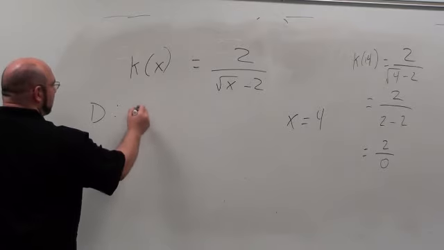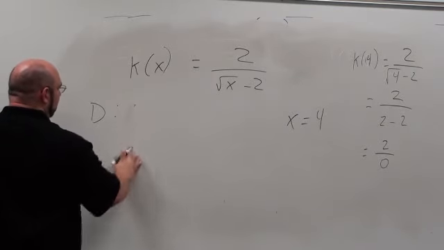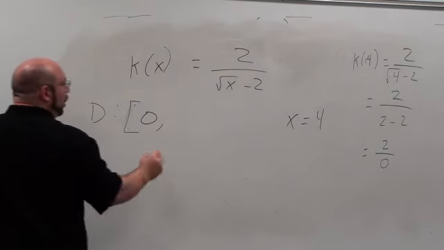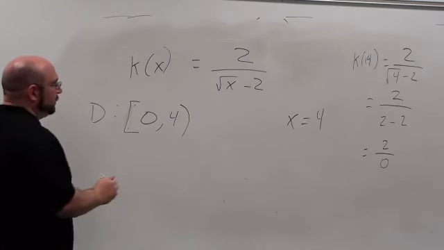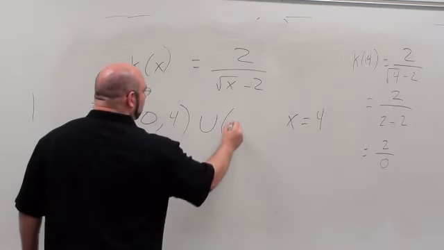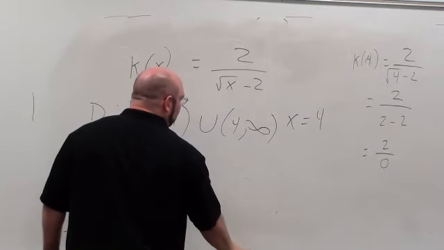I want you to see that essentially what we're saying is we can use 0. So we can say 0 all the way until almost 4. Notice the parenthesis on 4. Then we're jumping over the 4, and we're going all the way until infinity.